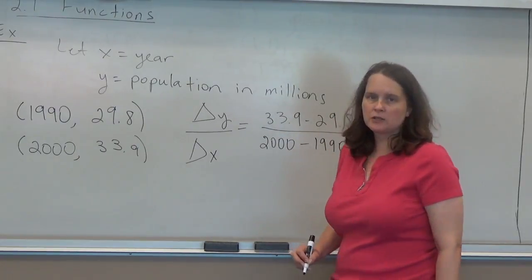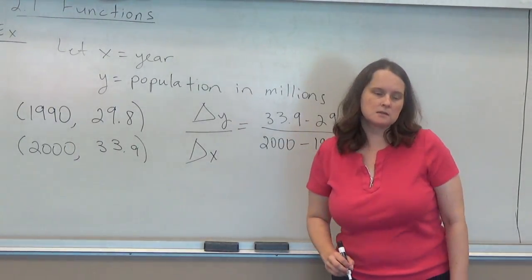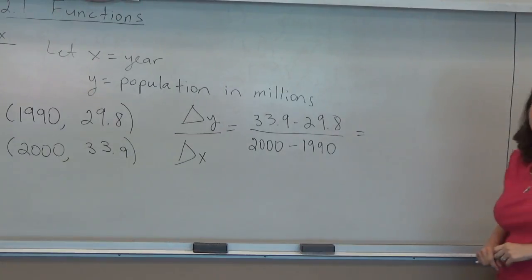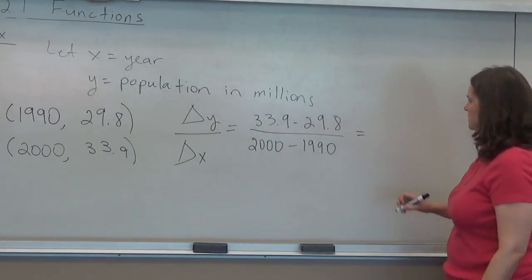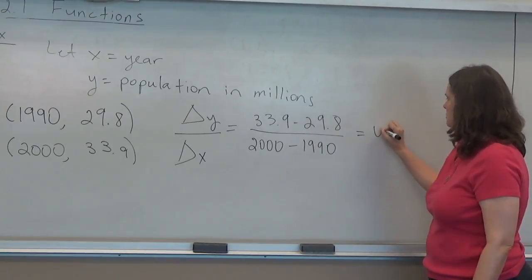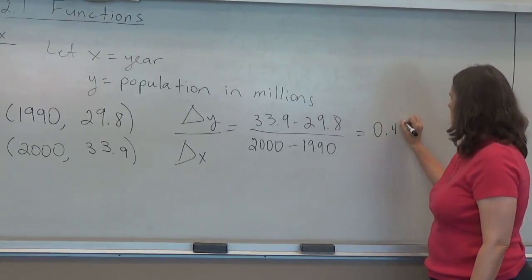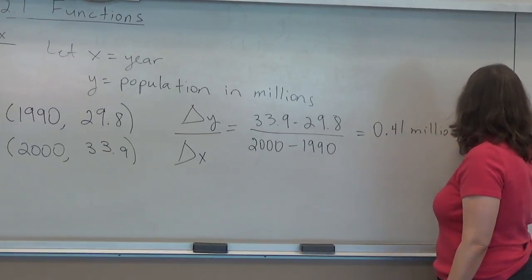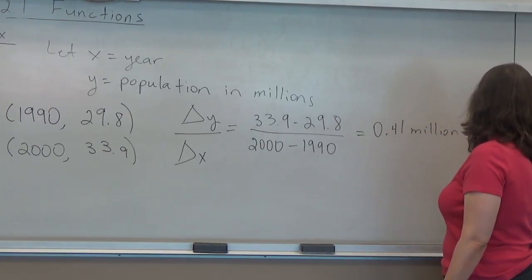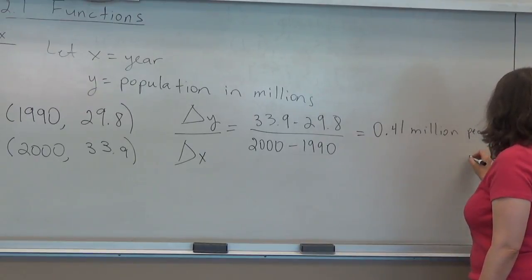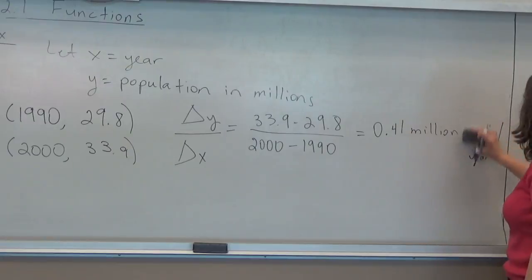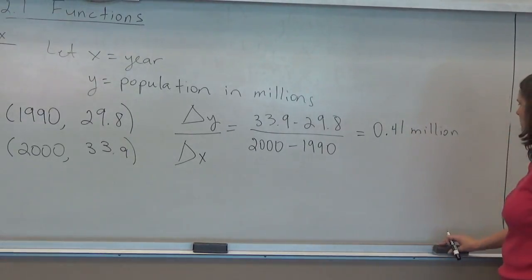I will let you calculate that, so pause the video again. If you've done your calculations correctly, you should have an average rate of change of 0.41 million people per year. Sorry, I don't know if you can see that or not. That was 0.41 million people per year.